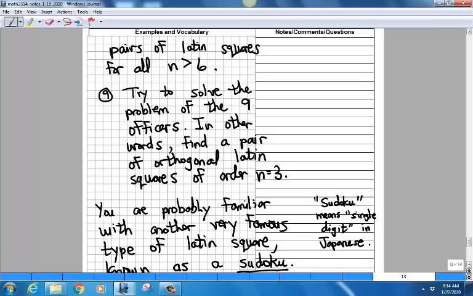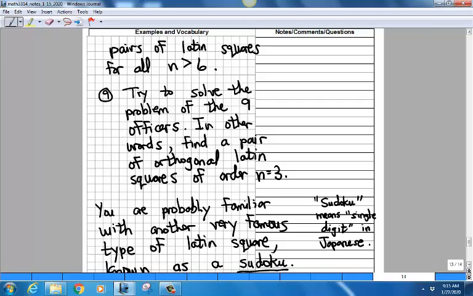Here's another one that you're probably more familiar with, other than the 36-officer problem, although that one has important applications. Now, I don't know how important the applications are of this famous version of Latin square problem, other than the one that we're going to see here.